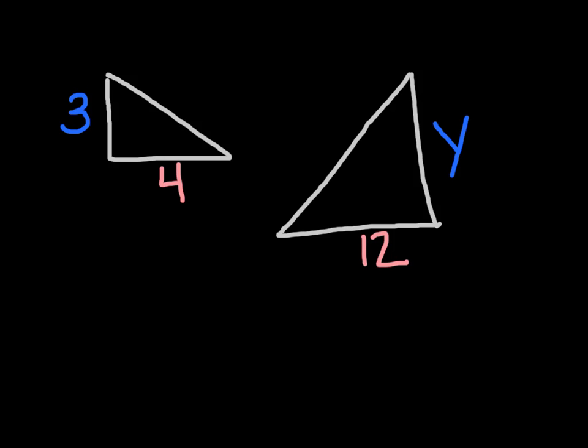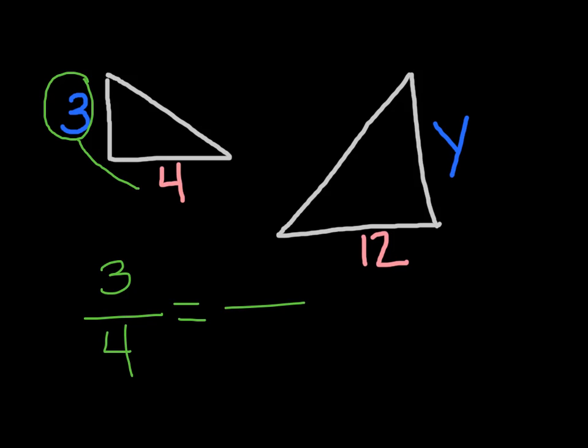Finally, you need to be able to solve for a missing side. Well, you know that similar figures have proportional sides, so you're going to use proportions to solve for a missing piece. To find a missing piece in a proportion, all you need to know is 3 of the 4, which you do. So if I set up this proportion as 3 is to 4, notice I'm starting with this one, and I'm going down to the bottom.